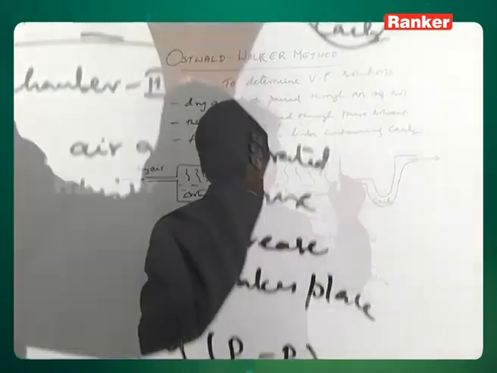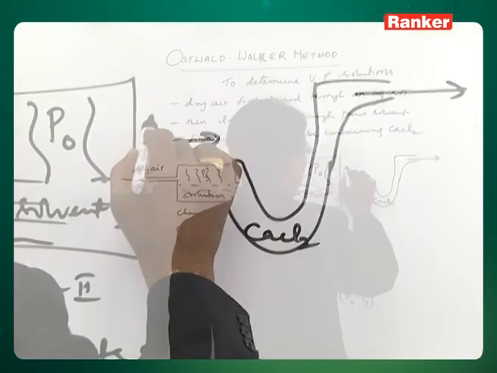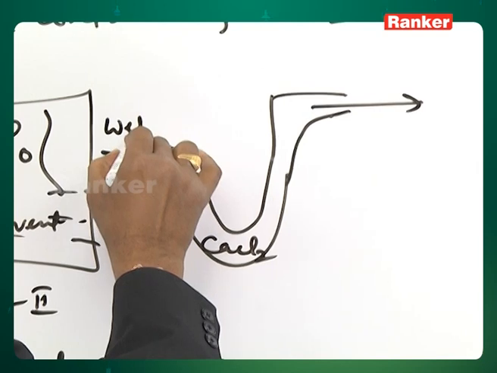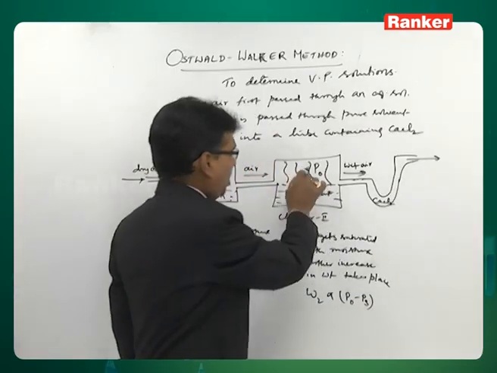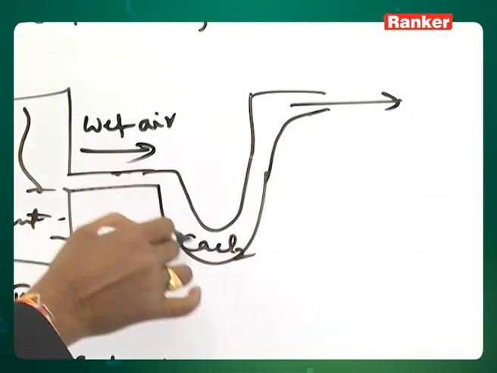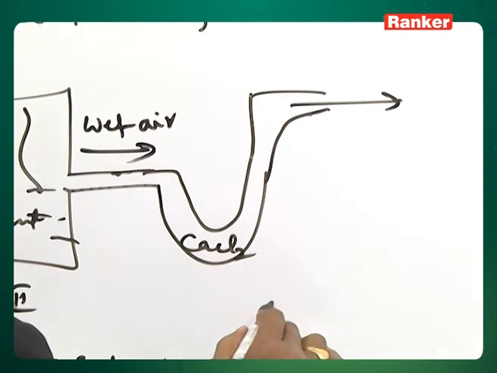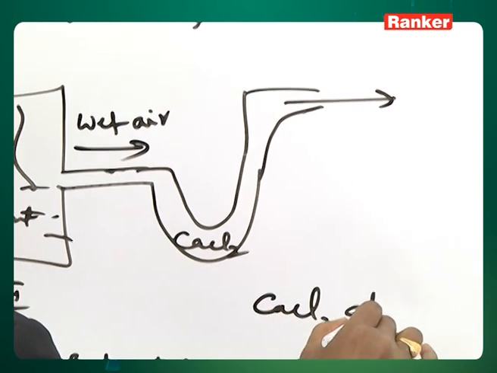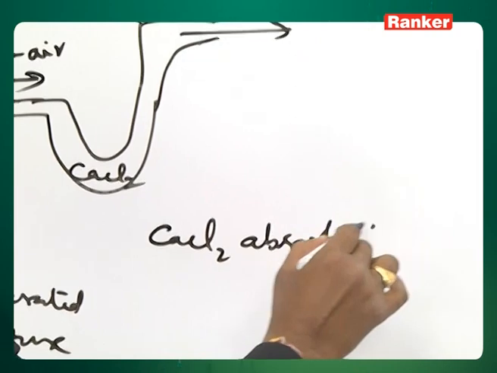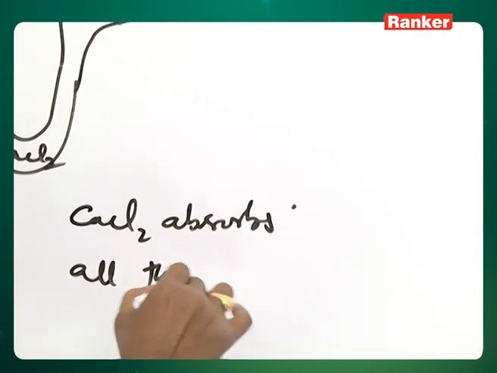Finally, when it is passed through the tube containing calcium chloride, this is wet air, the air completely saturated with water vapor. That wet air is passed over calcium chloride. Here calcium chloride absorbs all the water, all the moisture.